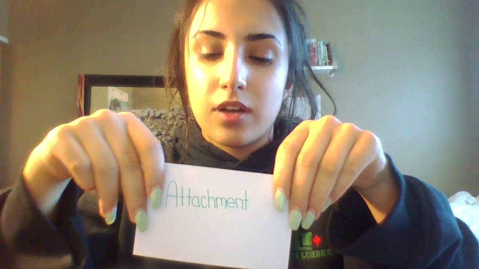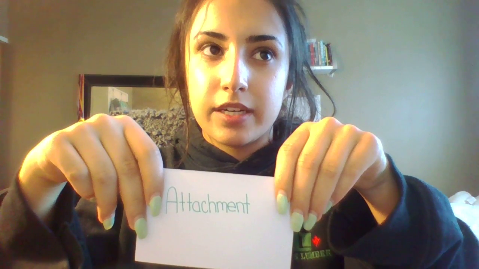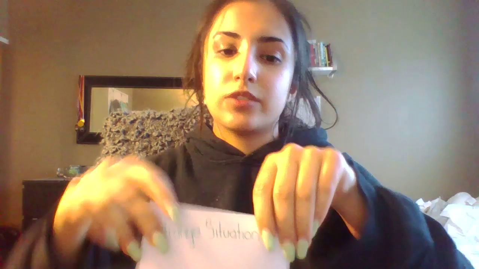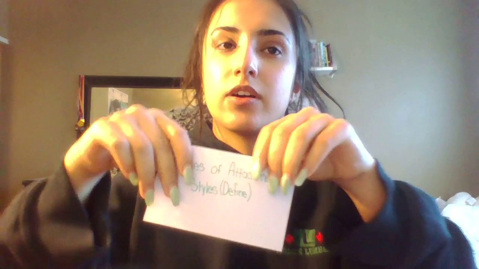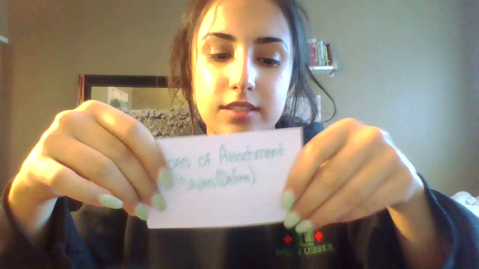Attachment is the emotional bond between the primary caregiver and the newborn. The Strange Situation was by Mary Ainsworth, and that's to see the child's attachment style. The four attachment styles are secure, avoidant, ambivalent, and disorganized. Secure is when the baby can be either distressed or not distressed.